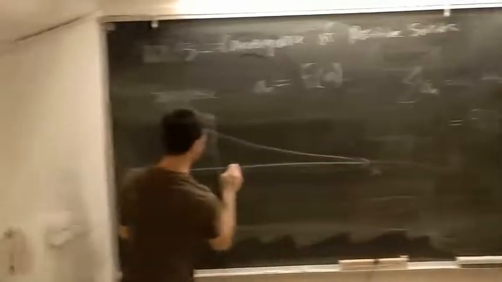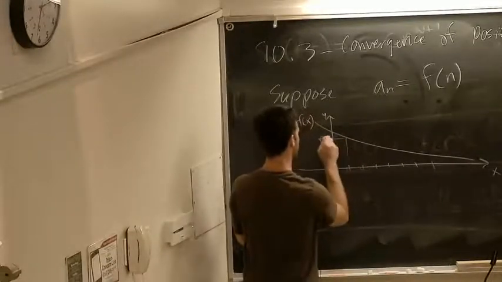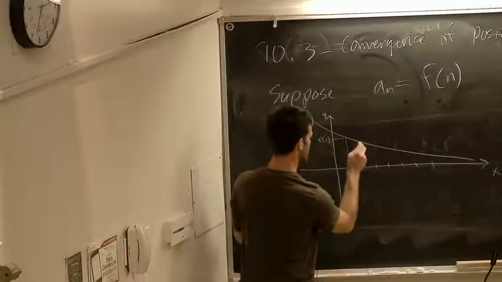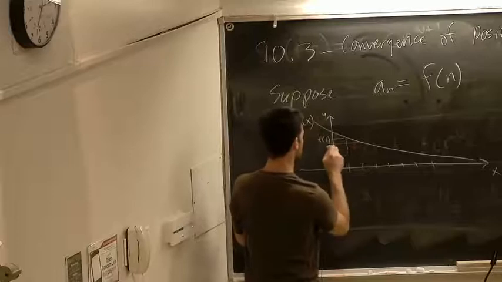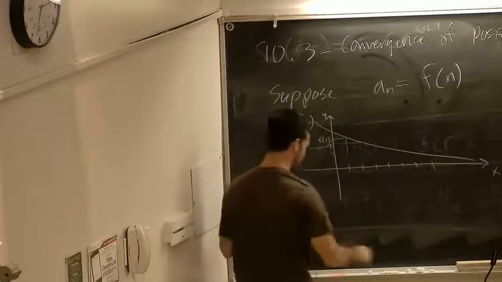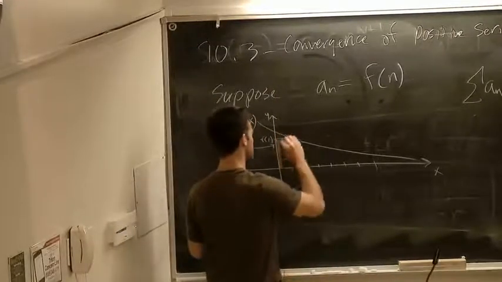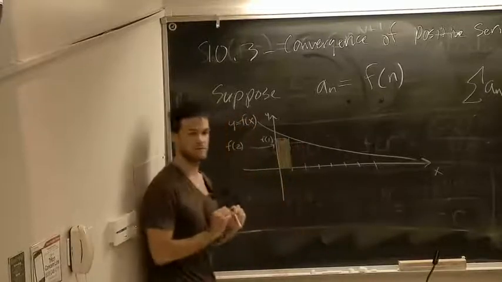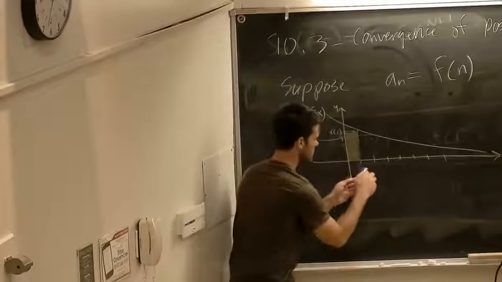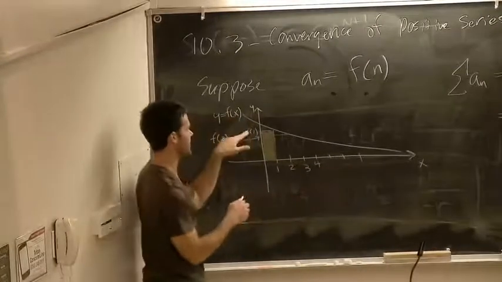So basically I need the value right here. This is f of 1. And then the value right here, that's f of 2. So f of 1 is the same as the area of this rectangle right here. It has width 1 and height f of 1.